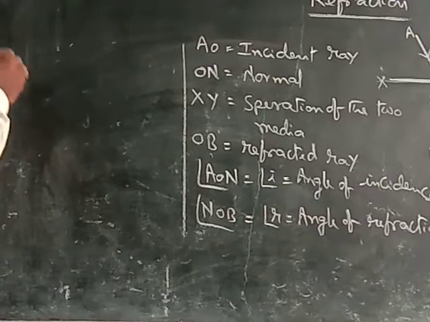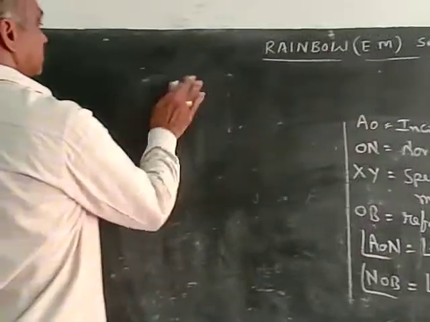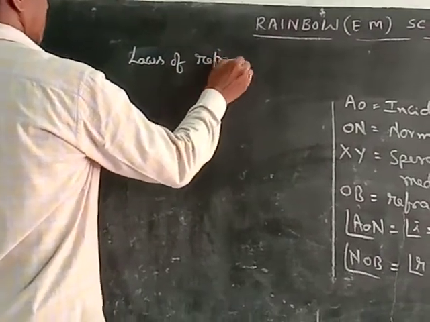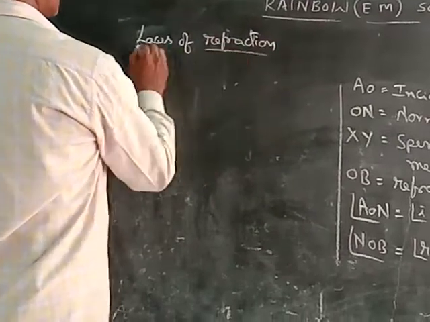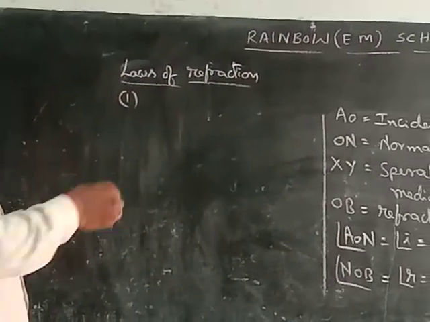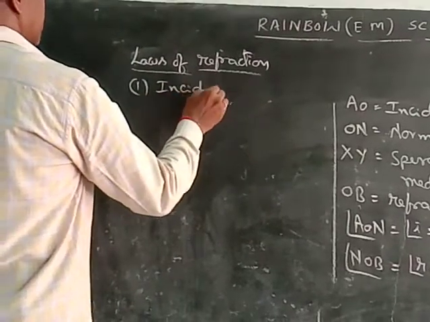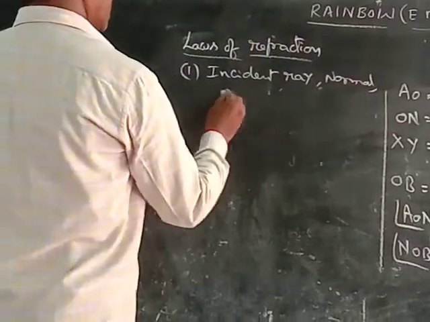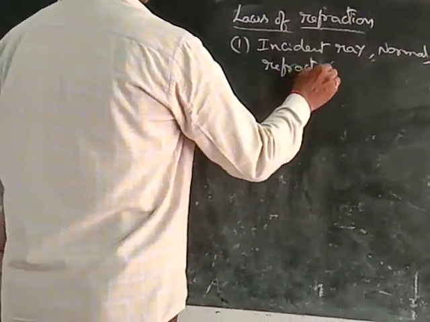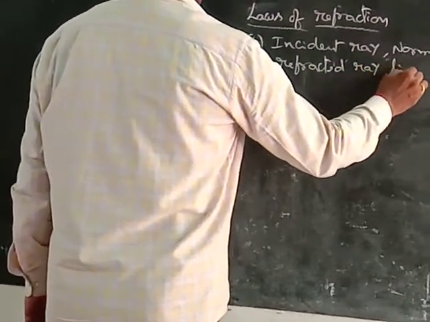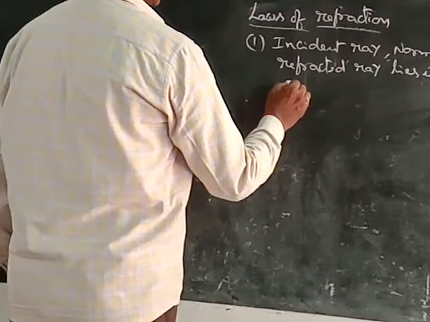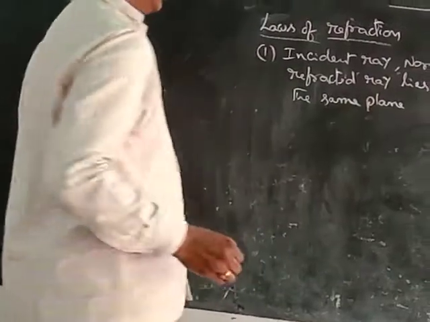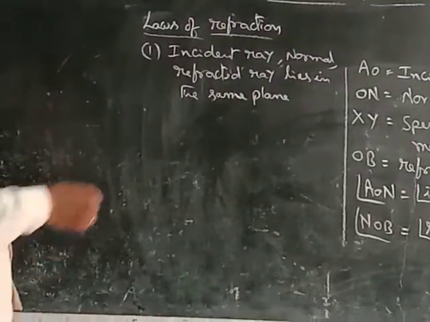Okay, next one is laws of refraction. First, the incident ray, normal, and refracted ray all lie in the same plane.